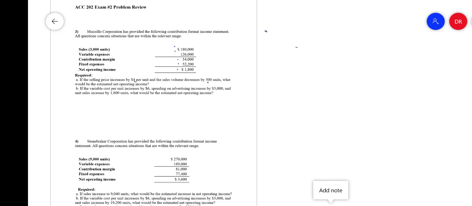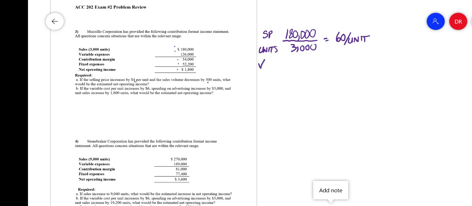Well, one of the first things you want to do here is take the sales price per unit. You want to compute that. So you have total sales of 180,000 divided by units of 3,000. You get a sales price per unit of $60, and that is a sales price per unit that we need.